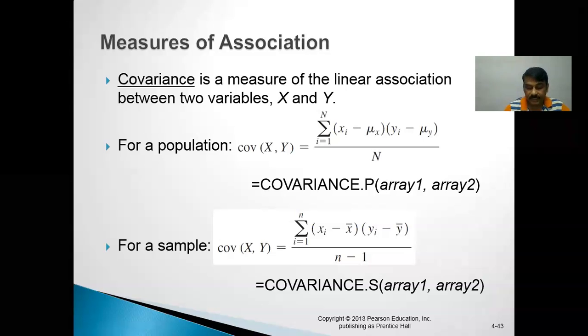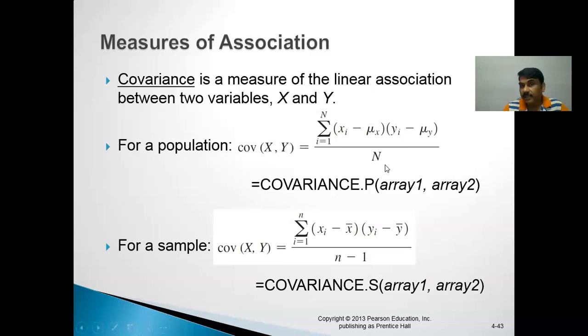As you are seeing here, we have the xi values, we have yi values, and we have calculated certain values, and then one formula is there for population, that is capital N, and for sample, that is n minus 1, right?